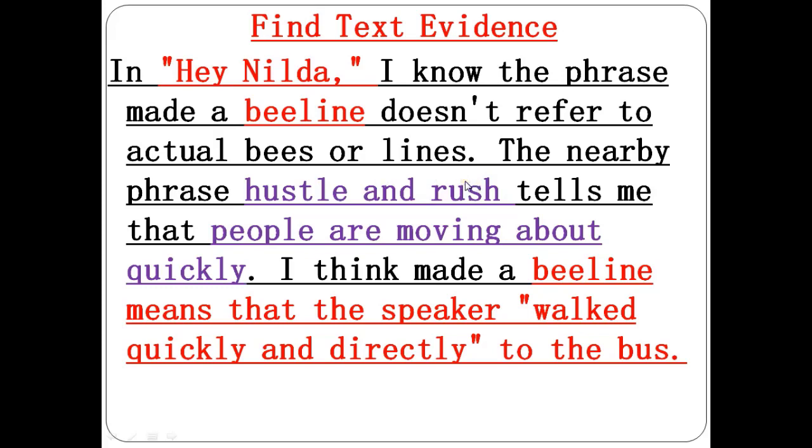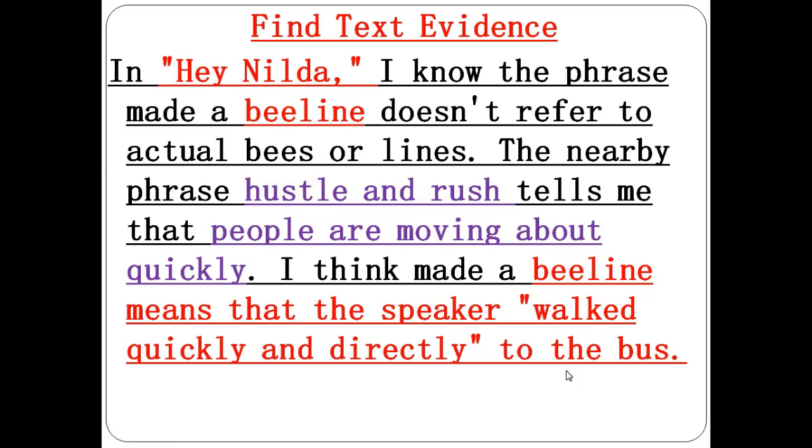Hustle and rush tells me that people are moving about quickly. People walk quickly, swiftly. While beeline means that the speaker walks quickly and directly to the bus.